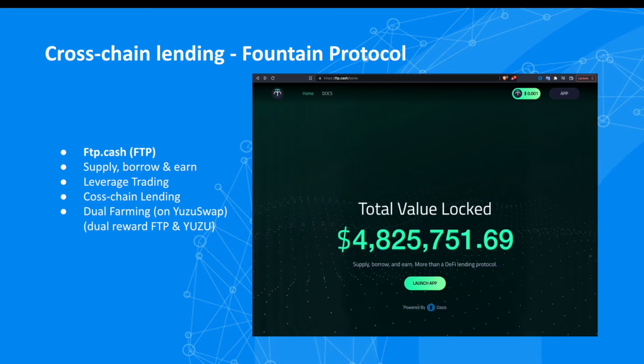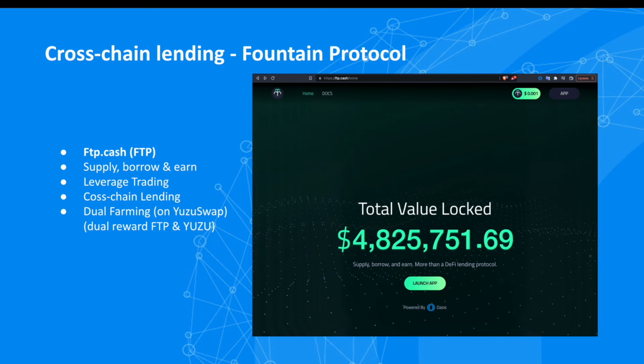Cool. Let me show you another nice protocol called Fontaine Protocol. It was actually the first cross-chain lending protocol built on top of the Oasis, again on Emerald. And if you take a look, that's the first cross-chain lending and borrowing protocol where you can also earn.